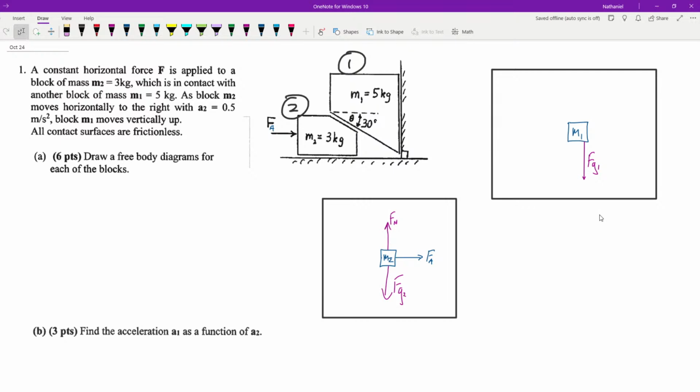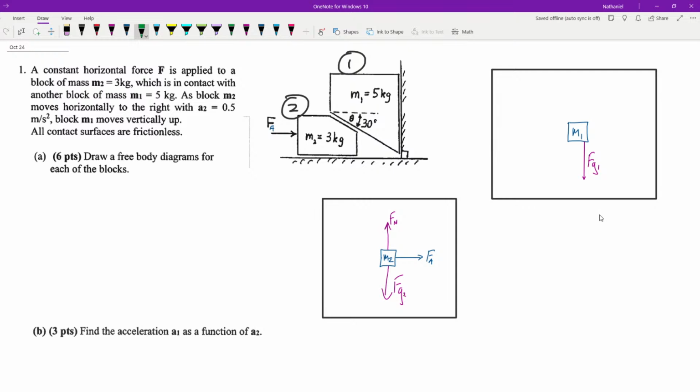Okay, so does M1 know about or feel FA? No, no, no. For all M1 knows, there's just a push coming from M2. So FA will translate to change this force that M1 feels.